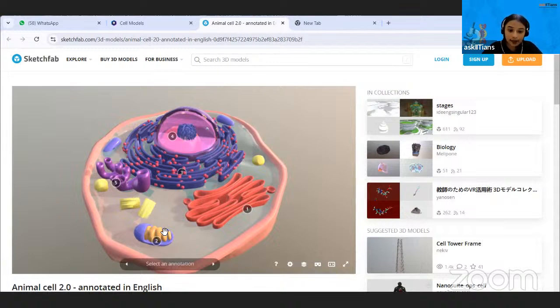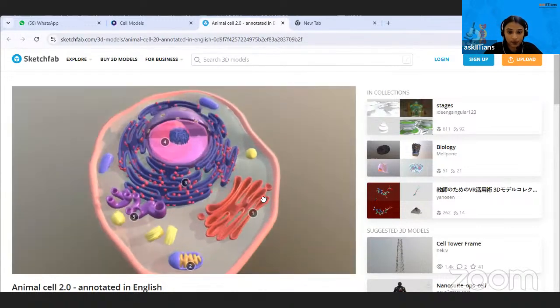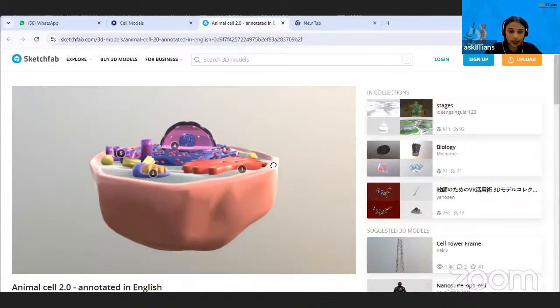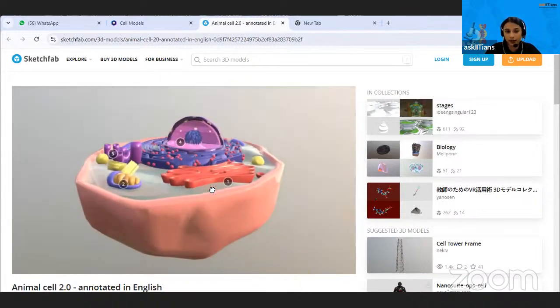And this is our mitochondria. These are different organelles present inside the cell, and we are going to discuss them one by one. So this is our animal cell. Here you can see that the plasma membrane is the outermost covering of the cell in case of animals.